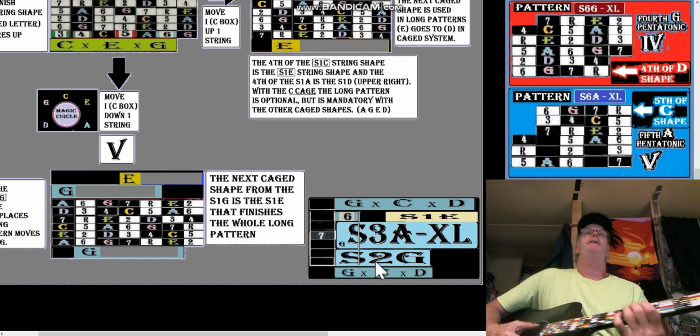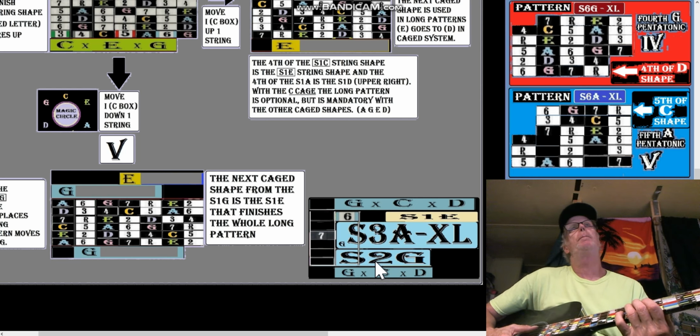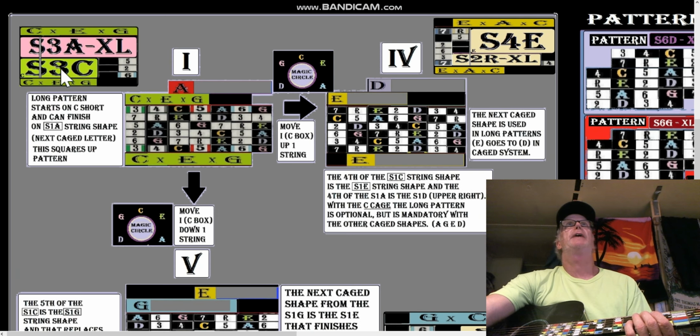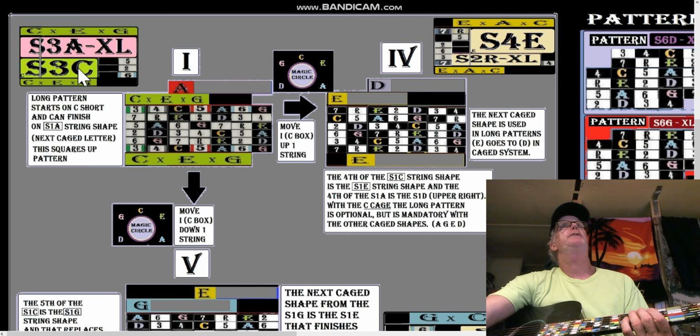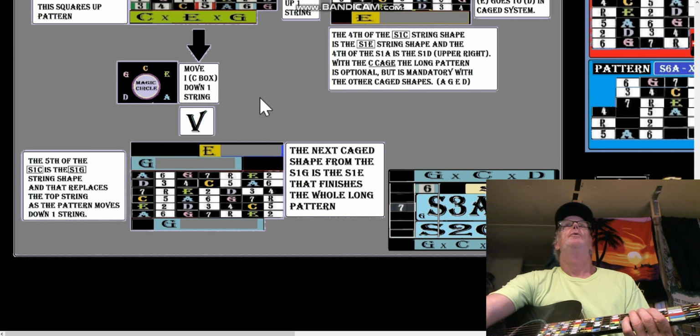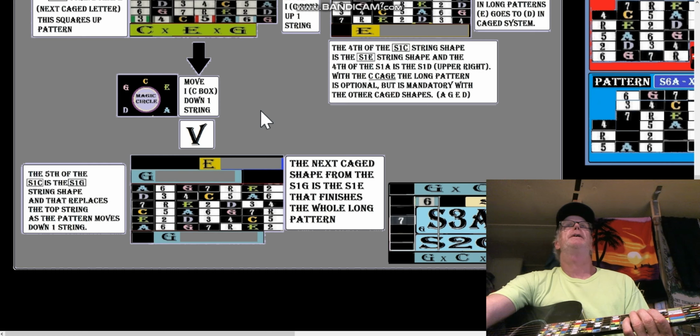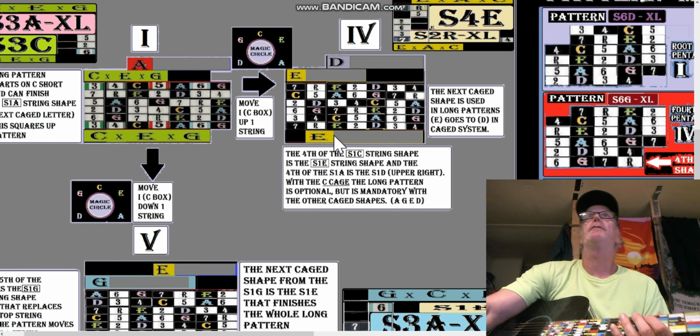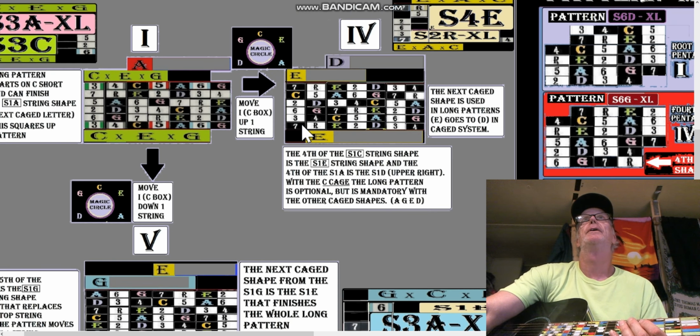But an easier way to do it with the long pattern now, the long pattern we have to play this guy, and we have to move that pattern up. That's not going to be easy. The only good thing I can say about it with the G pattern is, okay, wait. With the fourth you get a full S3XL down here.